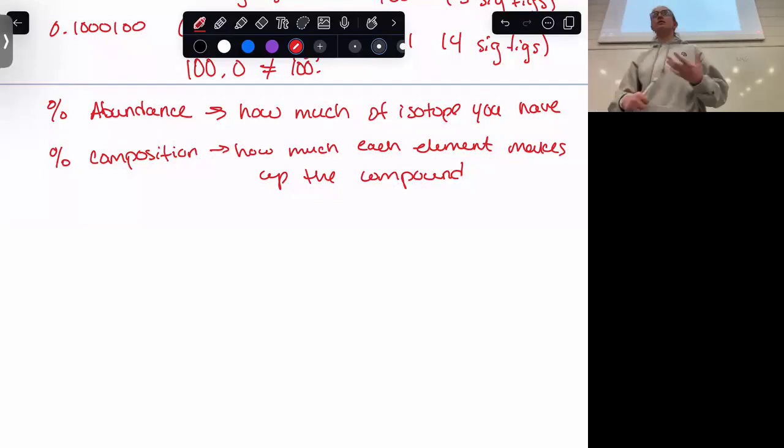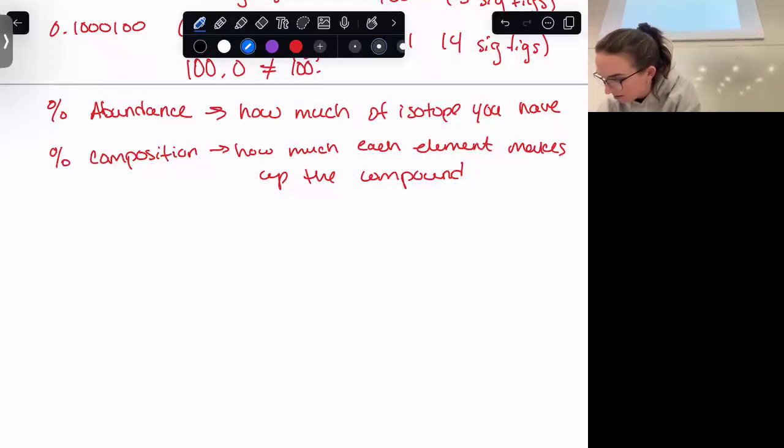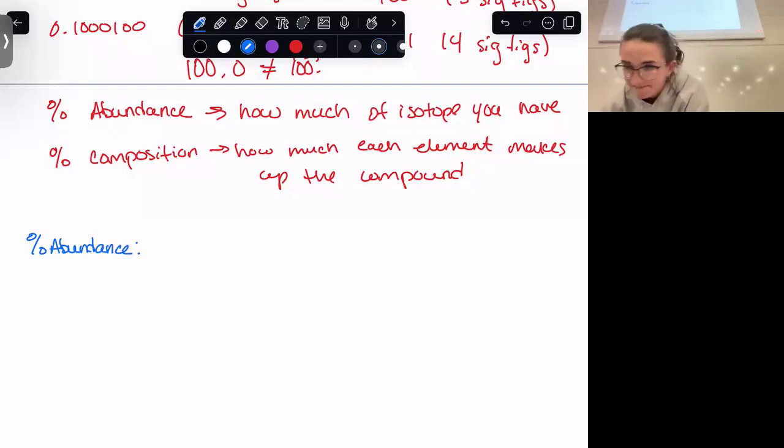So percent abundance usually looks like this.